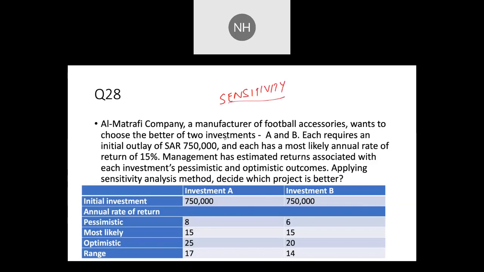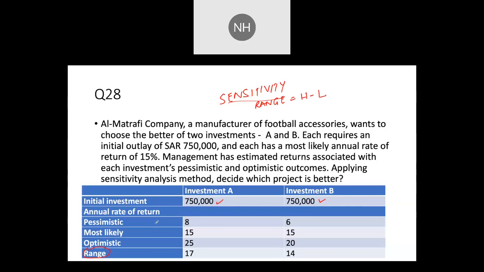And what is the question? Very easy question. We have to simply calculate the range to know the variability or the sensitivity of the projects. So we calculate the range, and range is simply the highest minus the lowest value in the data set. Now what we see, investment A, the investment is 750,000. The same investment for B also.